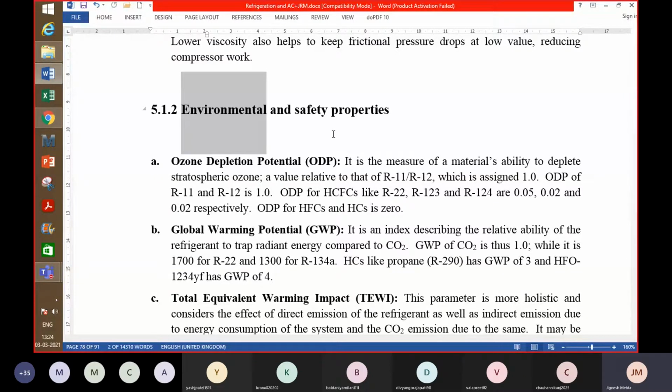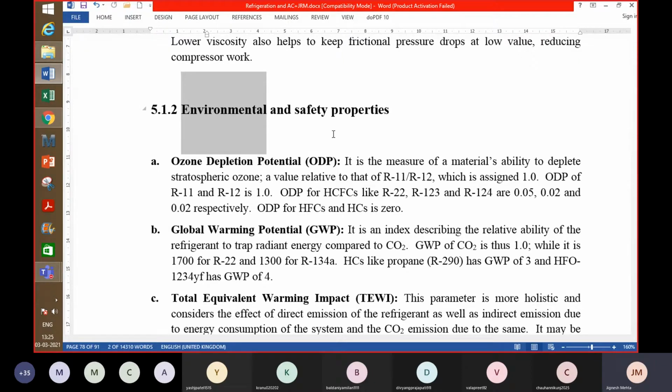As the use of refrigeration and air conditioning is becoming more and more common, and more people are using them, there has been more awareness about the environmental issues. These properties have also become one of the very important properties which are investigated for a given refrigerant.